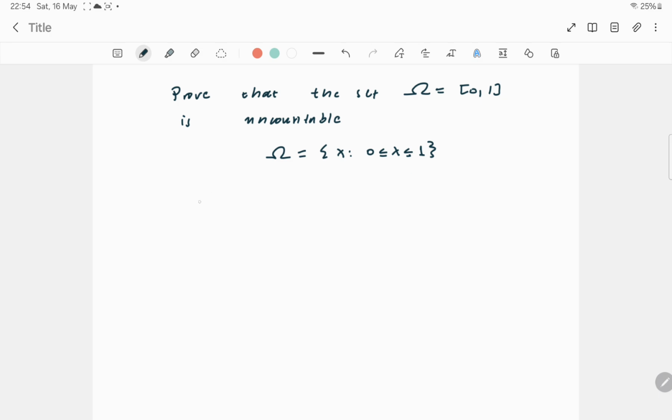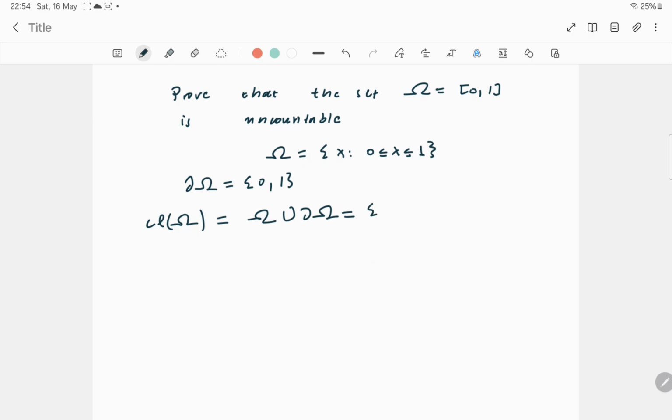The boundary of omega has the values 0 and 1. The closure of the set is the set union with its boundary.